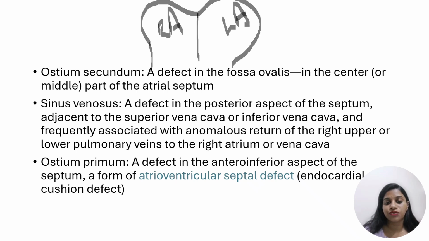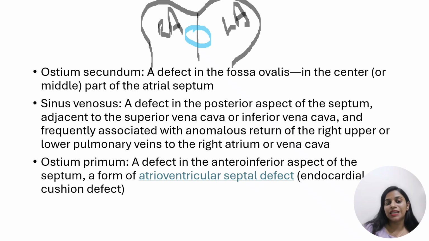If it is an atrial septal defect, this is the center portion where there is a fossa ovalis. A defect in the fossa ovalis is called ostium secundum ASD. This is the portion where the defect can happen in the mid portion of the interatrial septum. If you see a defect or a very small hole in the center of the interatrial septum, that is known as ostium secundum ASD.